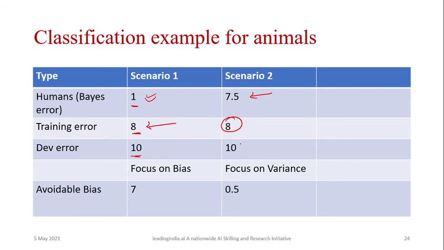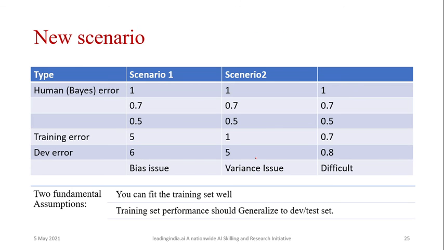In that case you have a high dev error, so you can focus on the variance. In another case, if human performance is 1, training error is 0.7 and dev error is 0.8, then it's a good fit, so you don't need to worry.